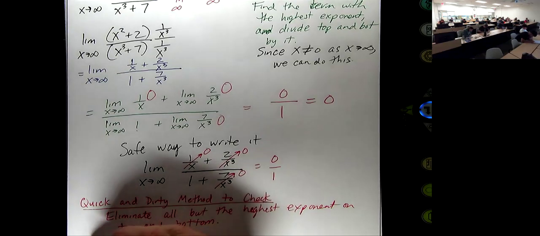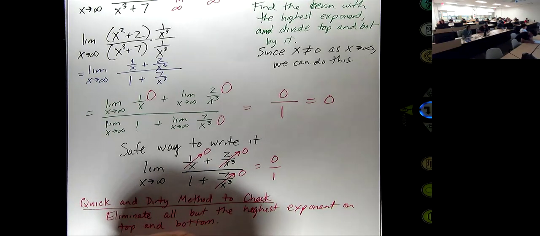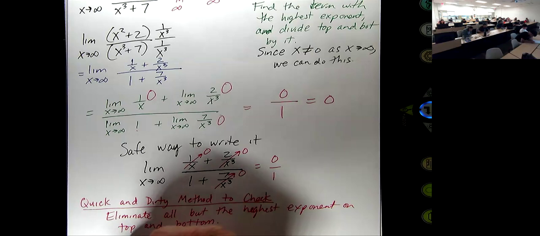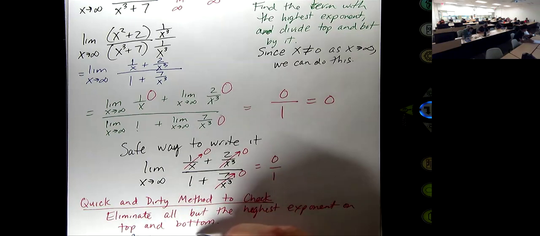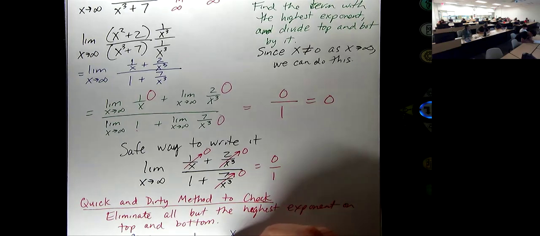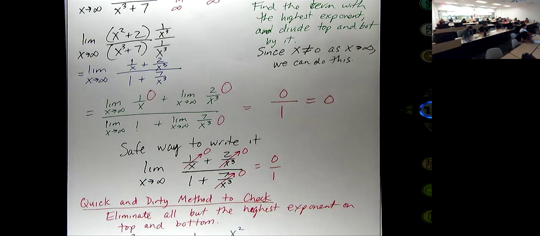But doing that here, we have the limit as x goes to infinity of x squared plus two over x cubed plus seven. This acts like the limit as x goes to infinity of x squared over x cubed. We've eliminated that.